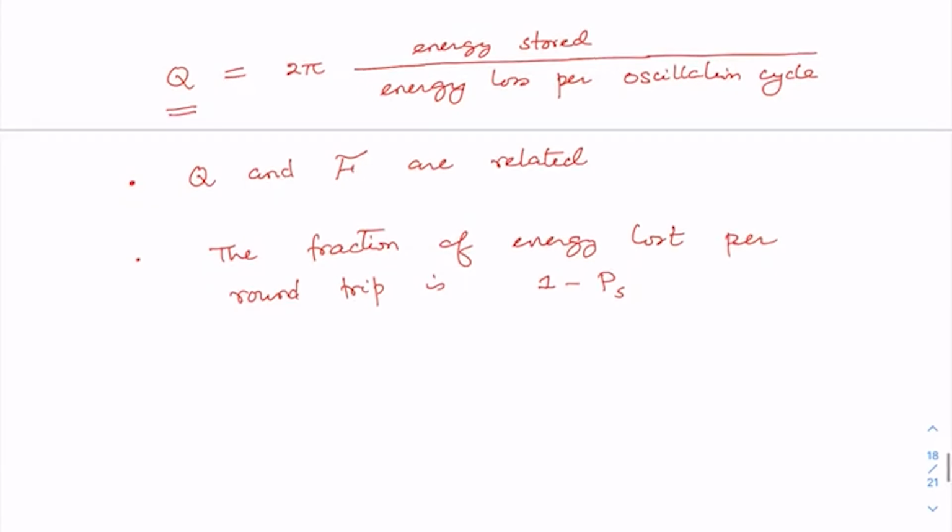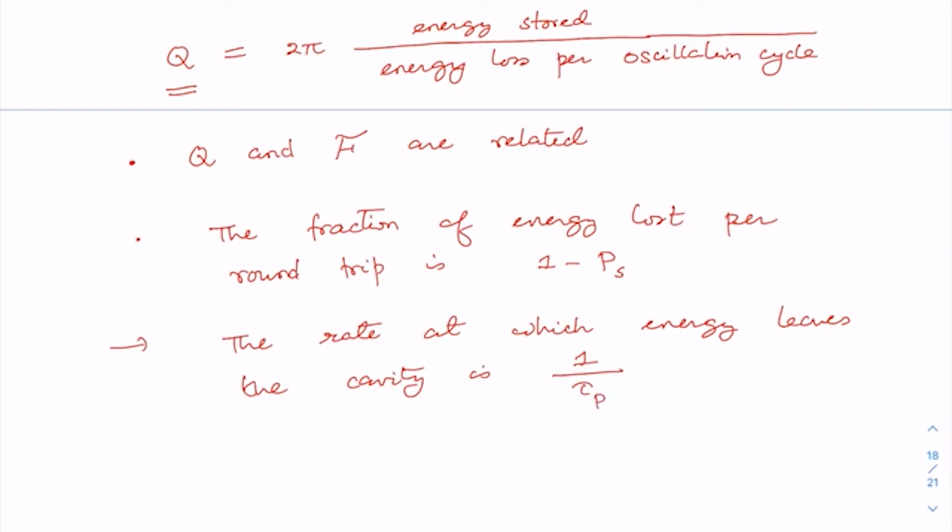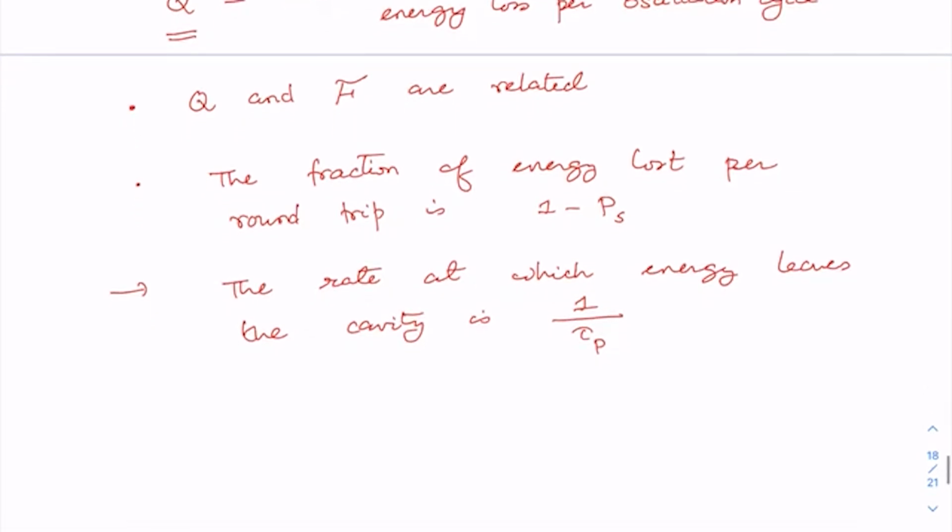The rate at which energy leaves the cavity is the inverse of the photon lifetime, 1 by Tp, where Tp is the photon lifetime, relative to the amount of energy stored in the cavity.